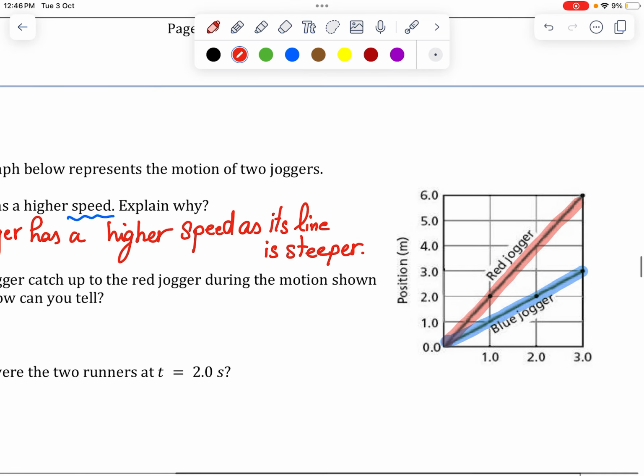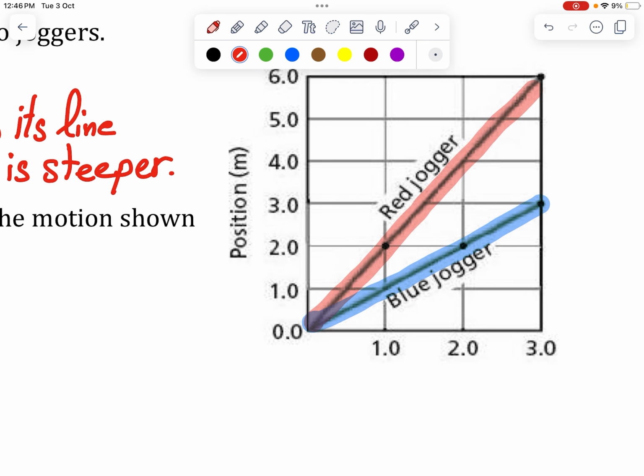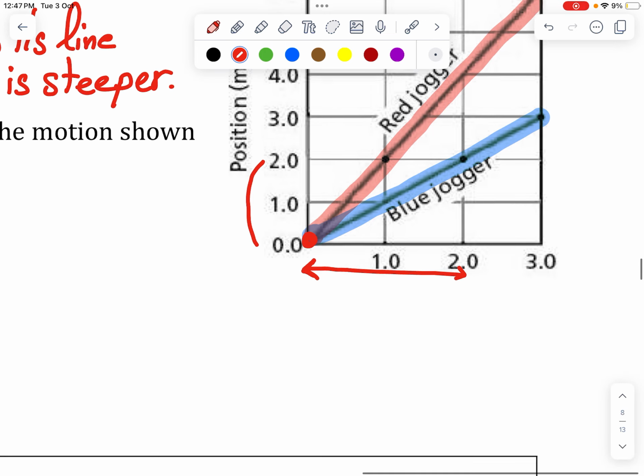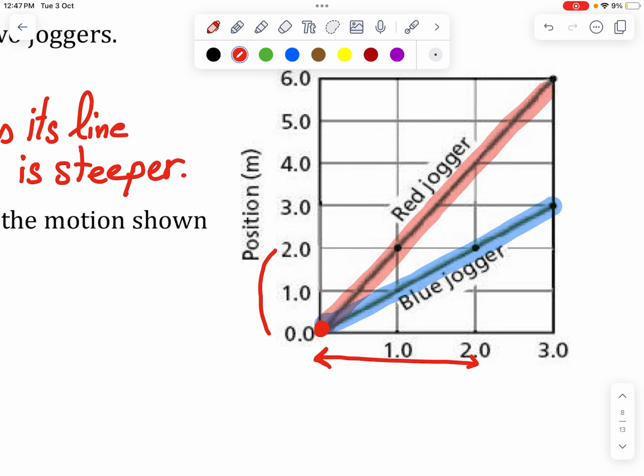Or in other terms, we can say that as they started from the same position, after the same amount of time, let's fix it to 2 seconds, the blue jogger only went 2 meters, while the red jogger during the same 2 seconds was able to go from 0 to 4 here.